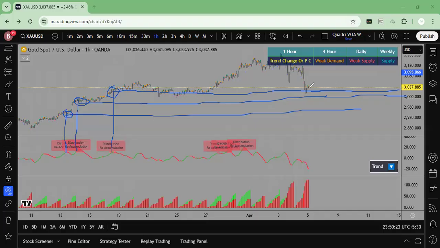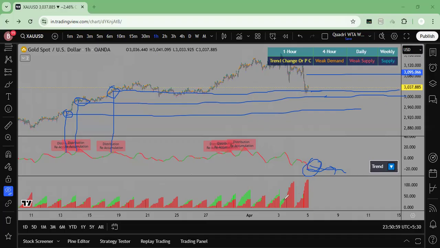If price holds this particular level, then it should come up till this particular level, that is from 3080 till 3090. If it holds this level, then I'm expecting an accumulation to take place over here. Though we don't know whether this could be an accumulation or redistribution, there is still a lot more to come before we get an identification of accumulation or distribution.